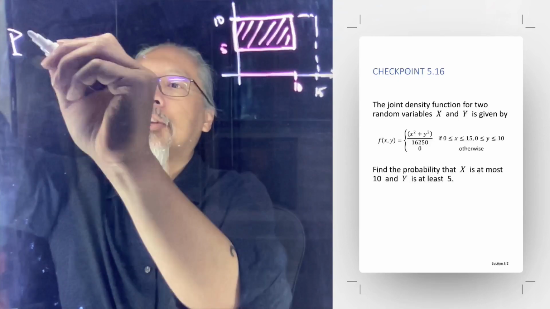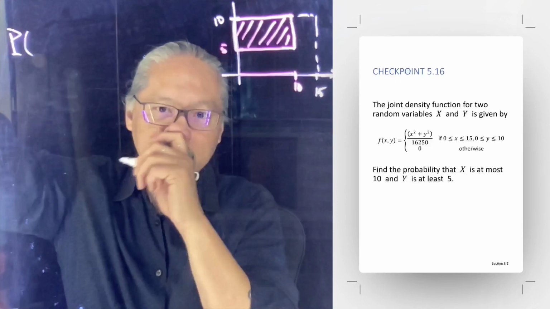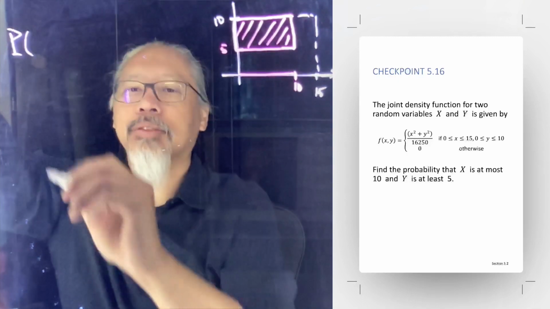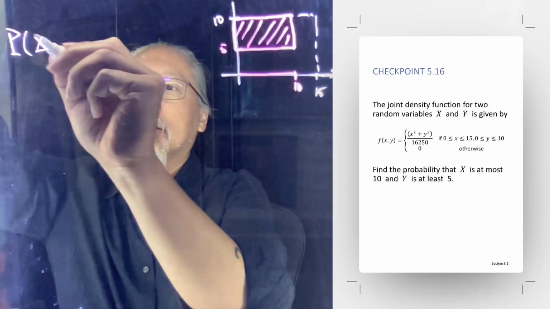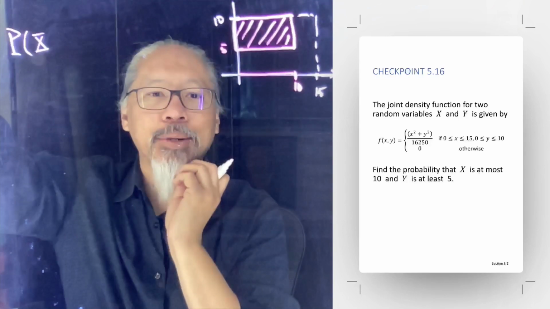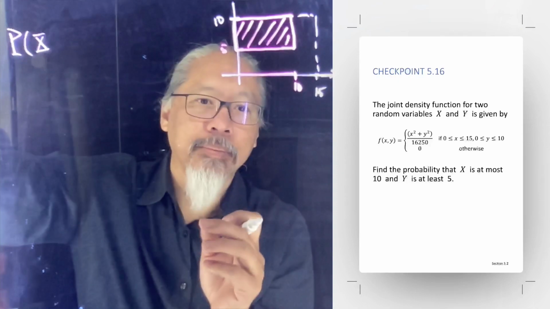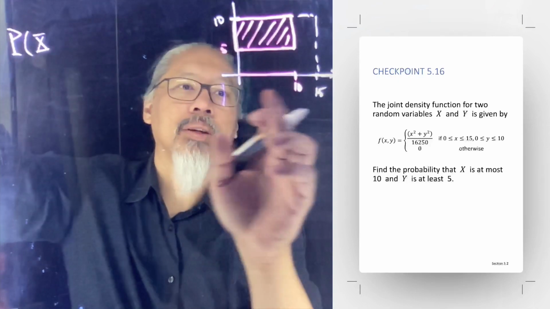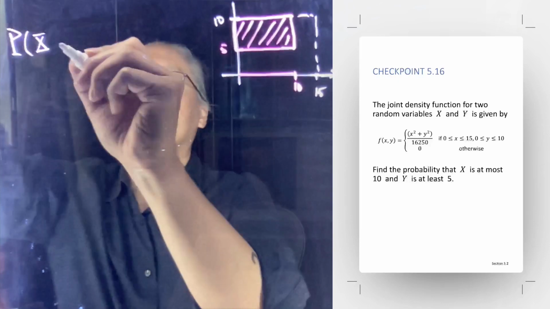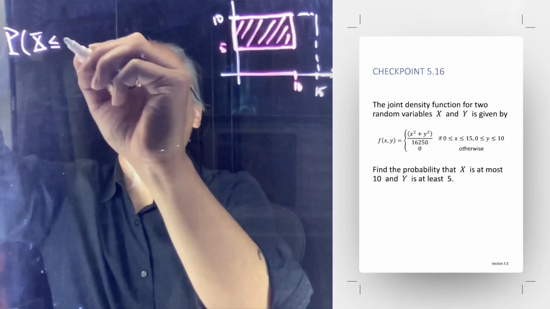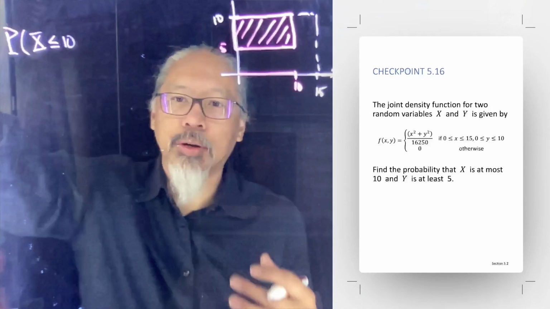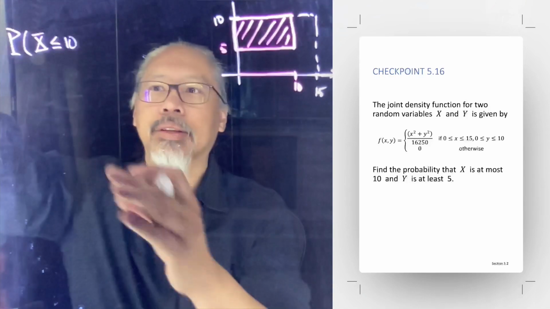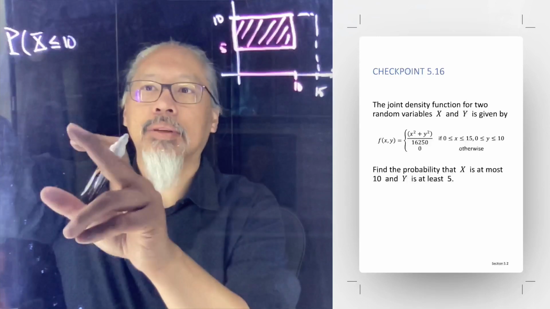The notation is not important, but I think it's good to get some notation properly set up. It tells us that our x values, my capital X, is at most 10, so it's going to be less than or equal to 10. Let's assume we're in a domain, so we stop at 0, from 0 to 10.